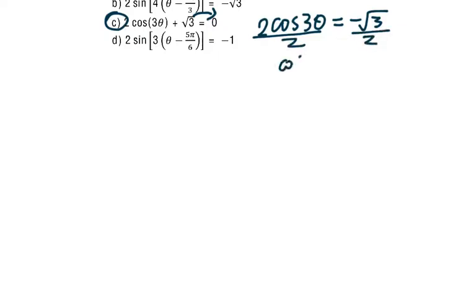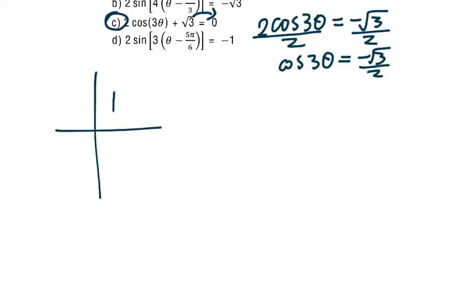I will get cosine 3 theta equal to negative square root of 3 over 2. So I go to reference angle this time. It will be pi over 6. Since cosine is less than 0, they go to second and then the third quadrant.